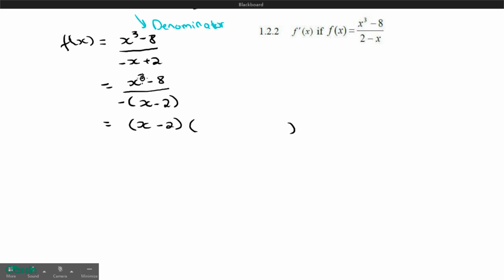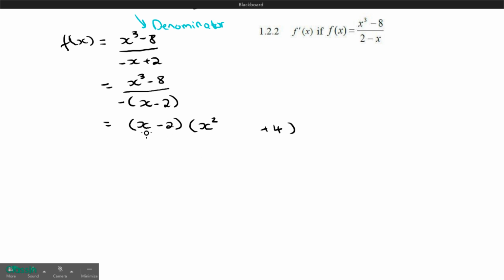Now, what is x cubed divided by x? The answer is x squared. What is negative 8 divided by negative 2? The answer is positive 4. If you check, I take the first and the last.